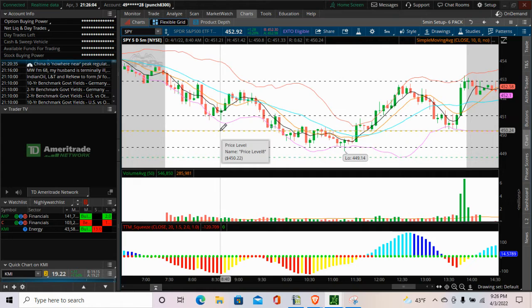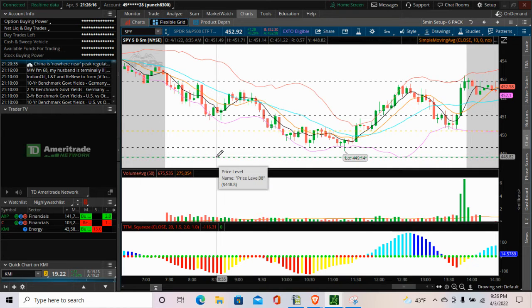The gold line, for instance, is key daily levels that I draw as a resistance or support level on the daily chart. The green line is a key weekly level, so I would draw this line on a weekly chart. So this would be a weekly support or resistance level.